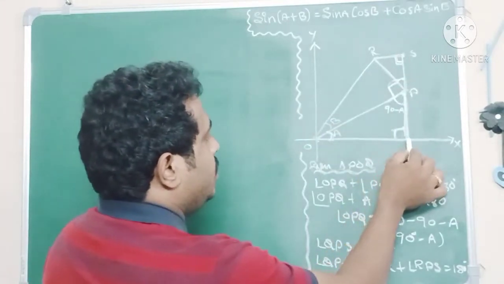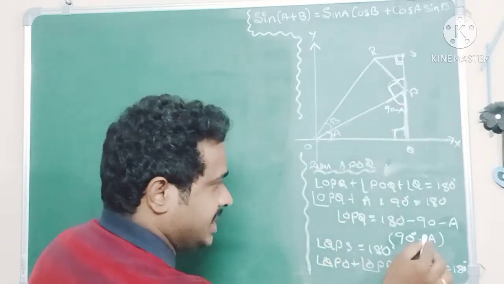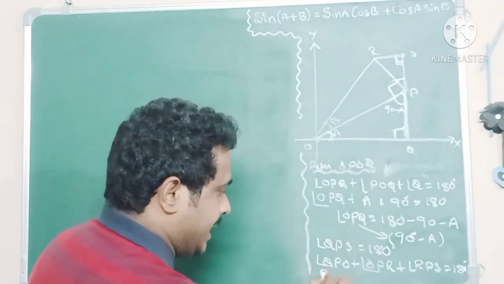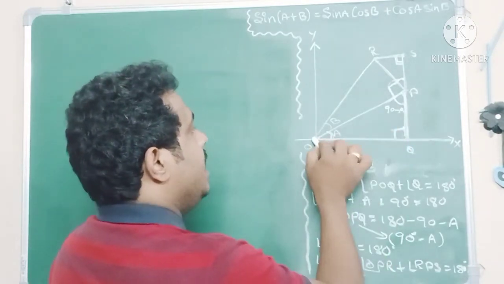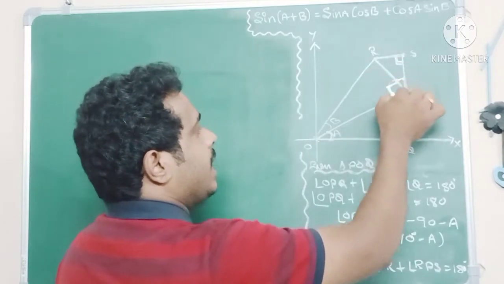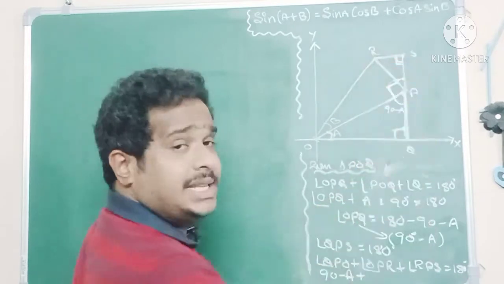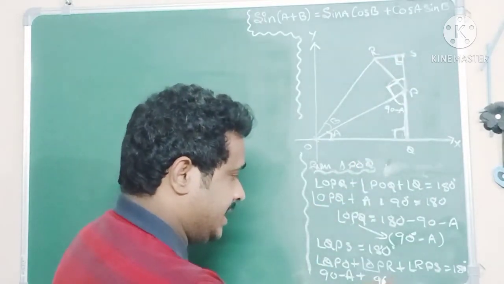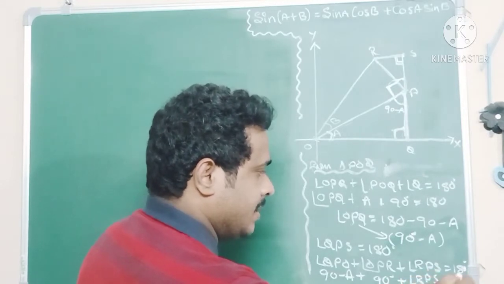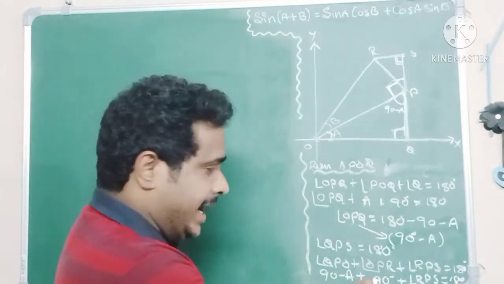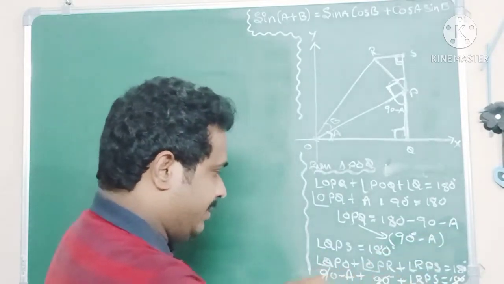Angle QPO is how much? 90 minus A, already we have it. 90 minus A plus angle OPR. Angle OPR, according to the construction, is 90 degrees. Plus angle RPS equals 180. 90 plus 90 is 180. Transpose it, 180 minus 180 is 0, so it gets cancelled.